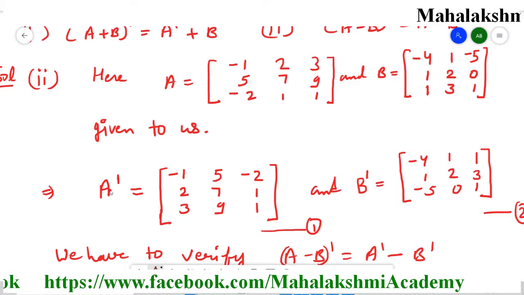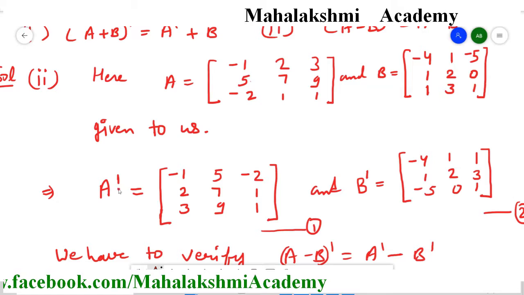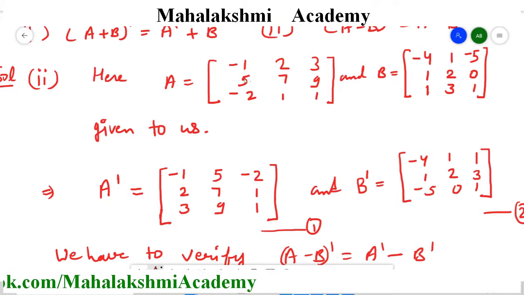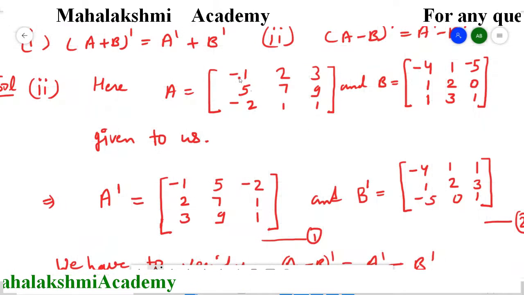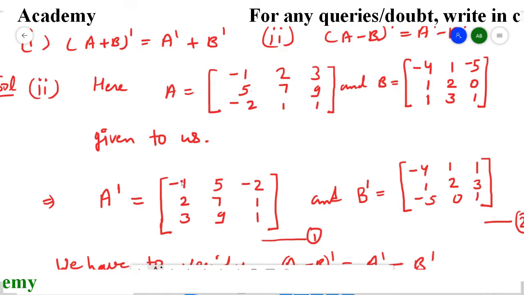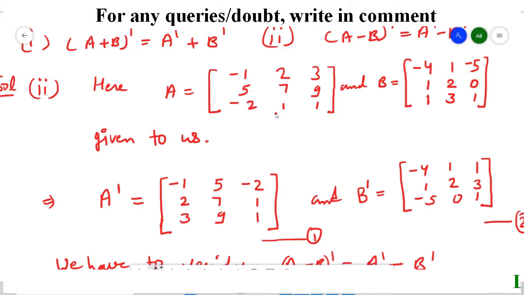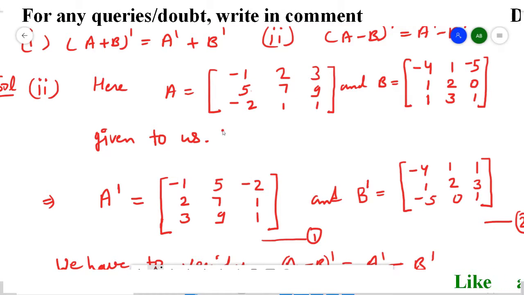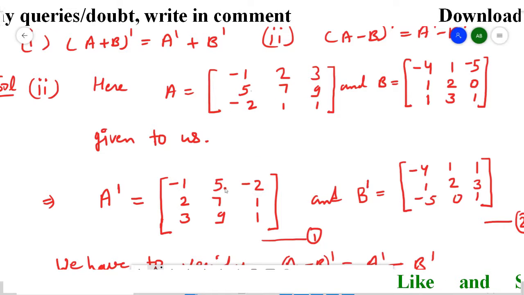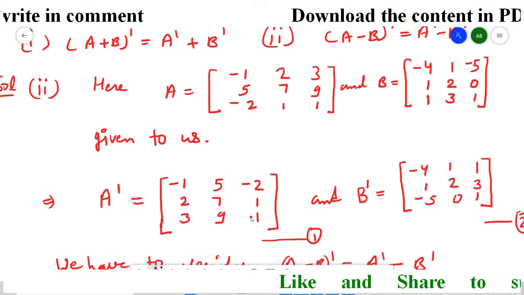This is the symbol of A matrix transpose, meaning transpose of matrix A. The rows of matrix A will change to the columns. This is the first row, so it will change to the first column, the second row will change to the second column, and the third row will change to the third column.